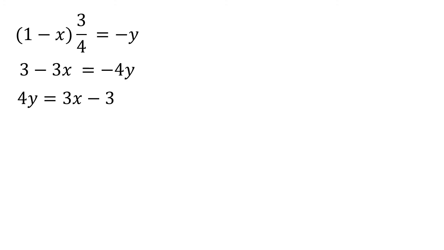This will become 4y equals 3x minus 3. Divide both sides by 4. This will become y equals 3 over 4x minus 3/4. So this is the equation of our line in slope-intercept form. y equals 3 over 4x minus 3/4.